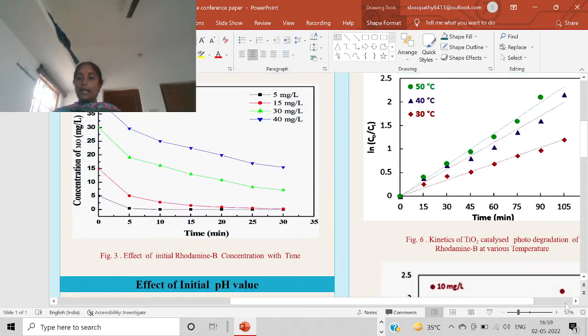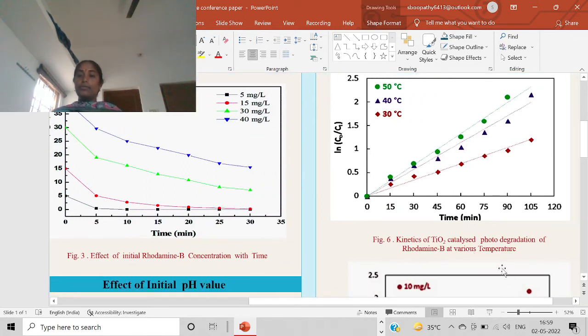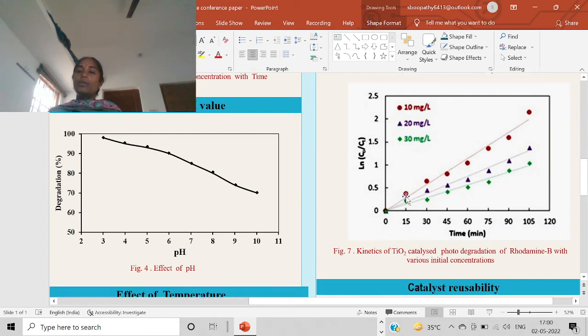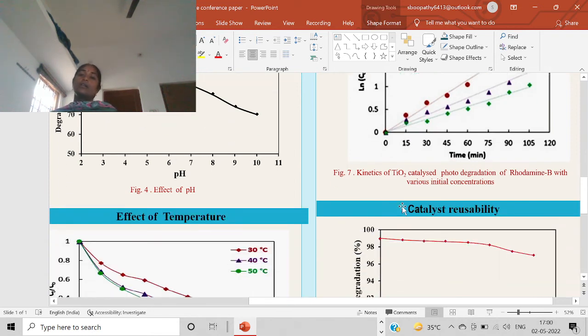This is the kinetics of photodegradation of rhodamine B at various temperatures. And this is the kinetics of TiO2 photodegradation of rhodamine B with various initial concentrations. At 10 milligrams per liter, more amount of dye is removed from the effluent.